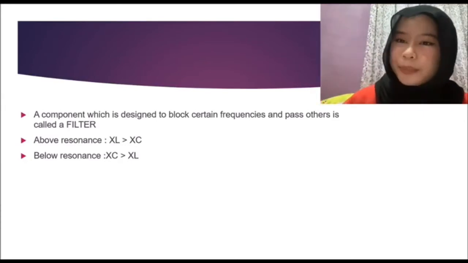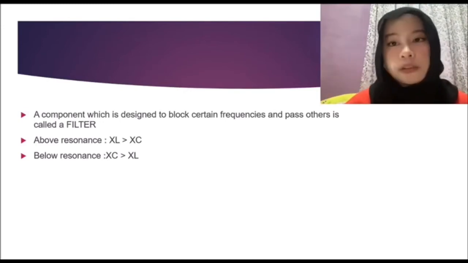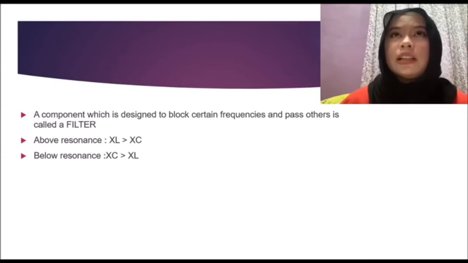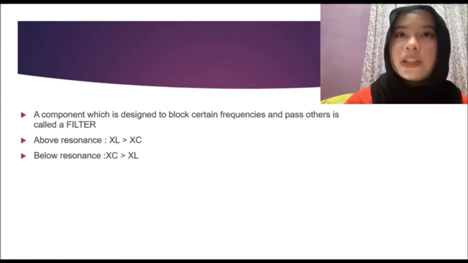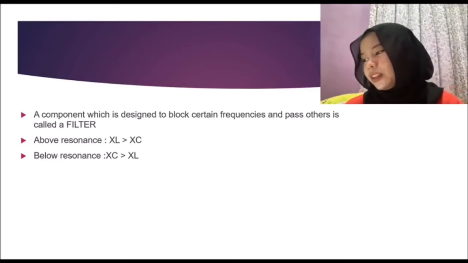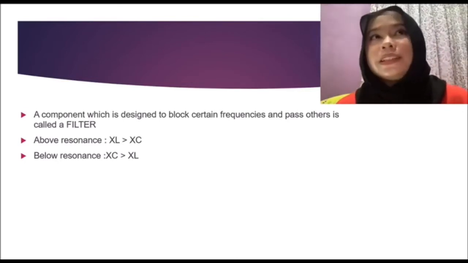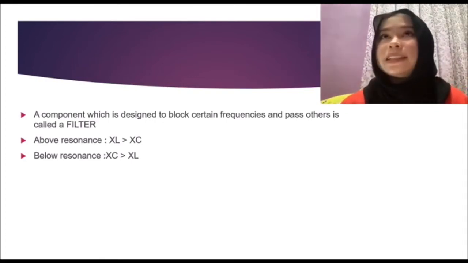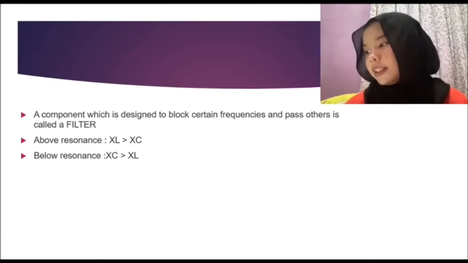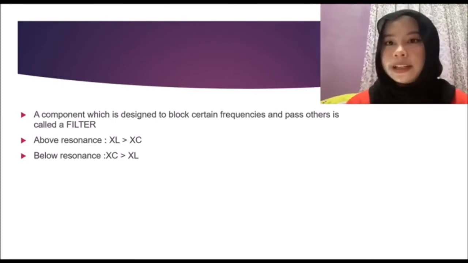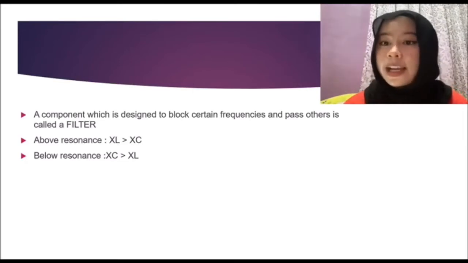The simple way to explain the function of a filter is that it can block some frequencies, and it can also pass some frequencies. When the filter is above resonance, XL is higher than XC, and when the filter is below resonance, XC is higher than XL.